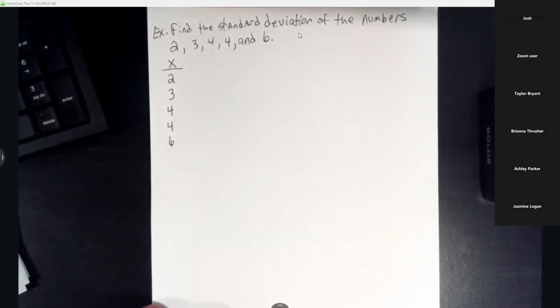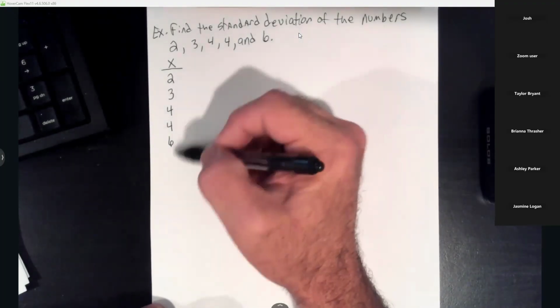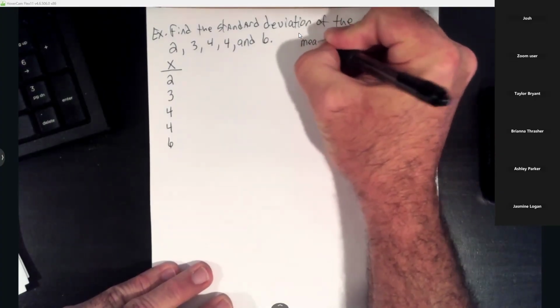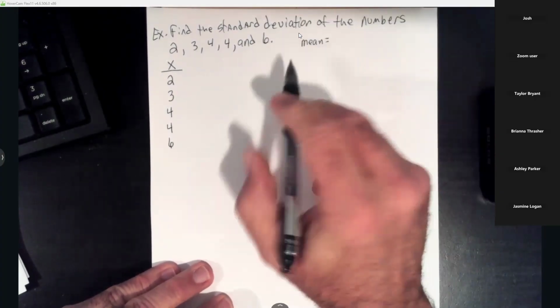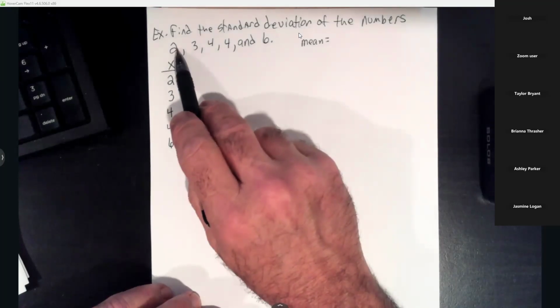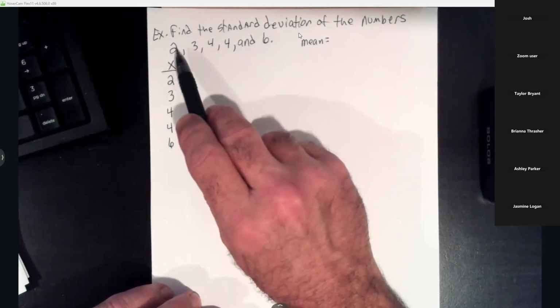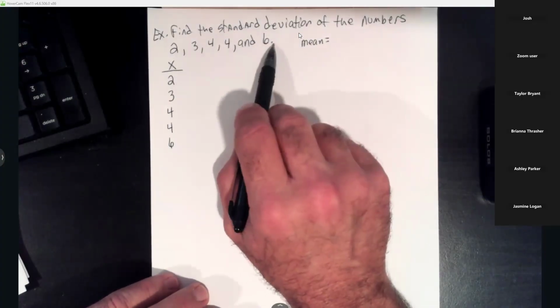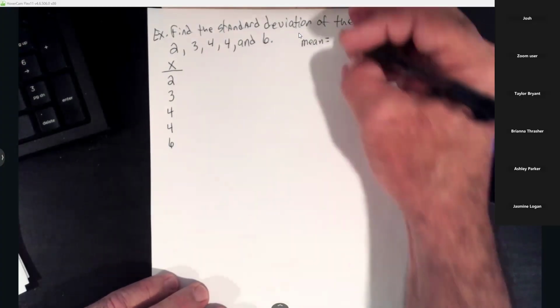Now remember, the first thing I got to find is the mean or the average of these 5 numbers. So I'm just going to do that on the side real quick. So we knew the mean, we add them all together, and let's see, we got 1, 2, 3, 4, 5 points. So we'll add them all together and divide by 5.